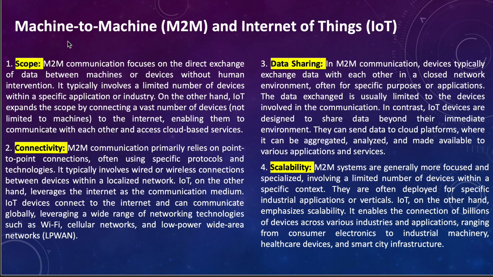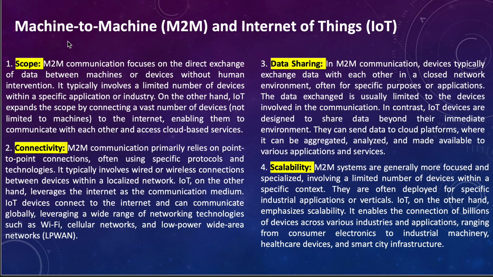Right? So we will try to see what is machine to machine and what is Internet of Things, and try to understand the difference between those two now.